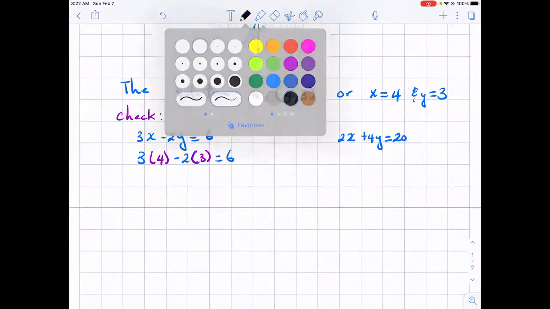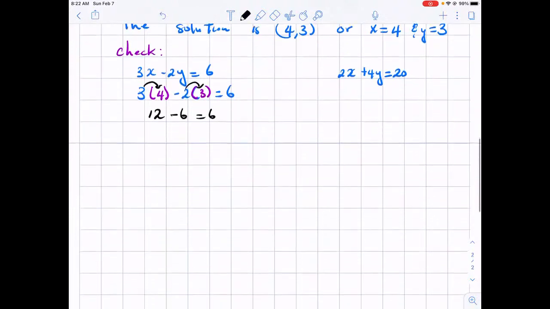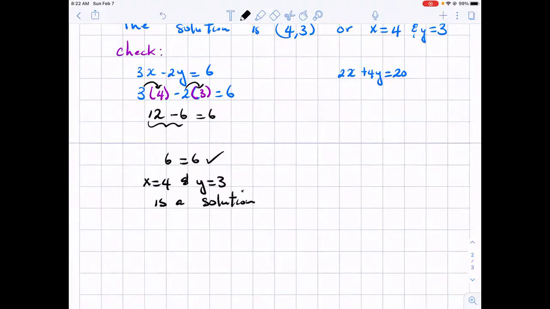So 3 times 4 is 12, minus 2 times 3 is minus 6. Let's see if that's equal to 6. 12 minus 6 is 6, so 6 is equal to 6, that checks. So x equals 4 and y equals 3 is a solution to the equation 3x minus 2y equals 6.